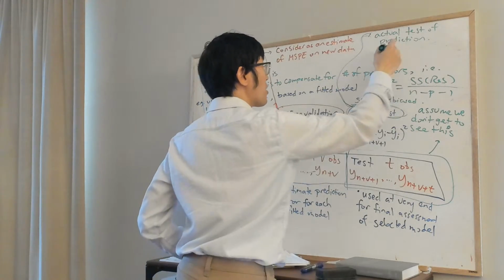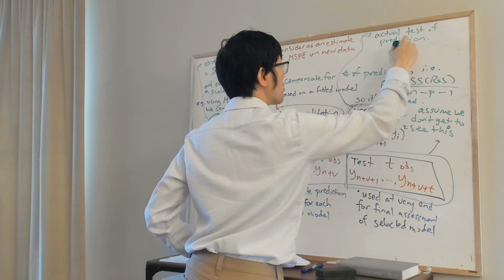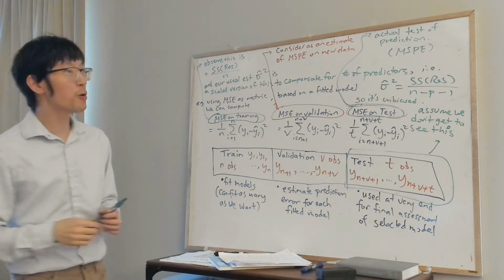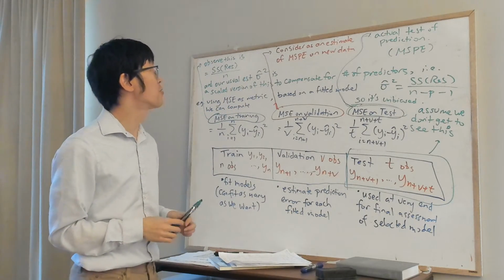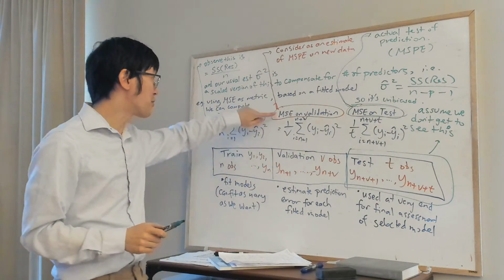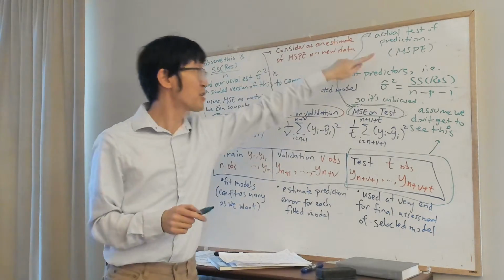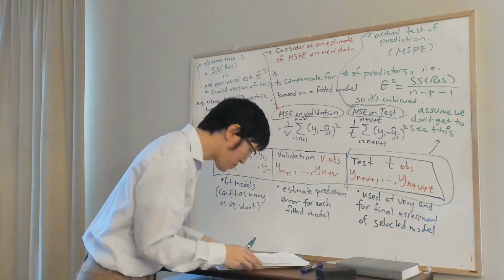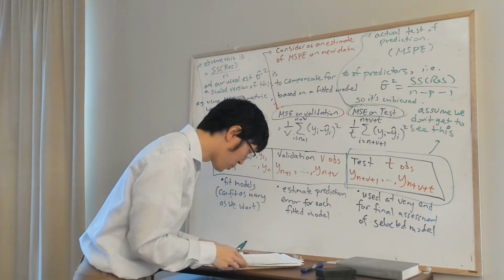In our terminology, let's call this the actual mean square prediction error that we would have on our new data. And so we can think of the validation MSE as a way to estimate what the actual test error would be. So that's the conceptual framework.